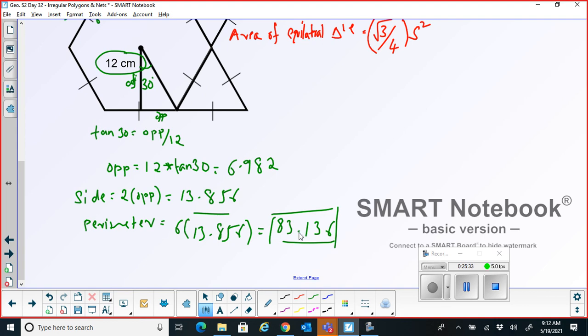Now I have the perimeter. I have the apothem as well, which is 12.